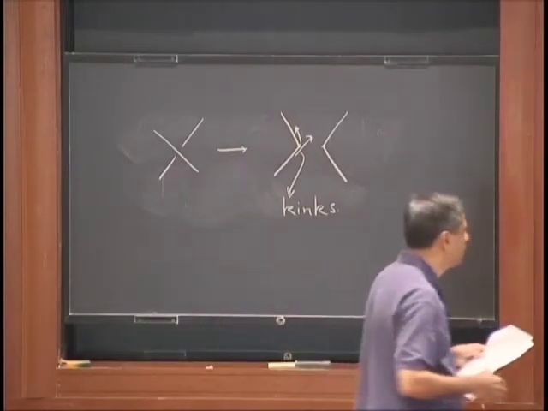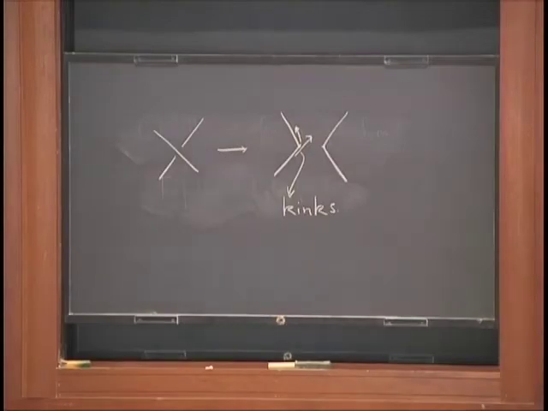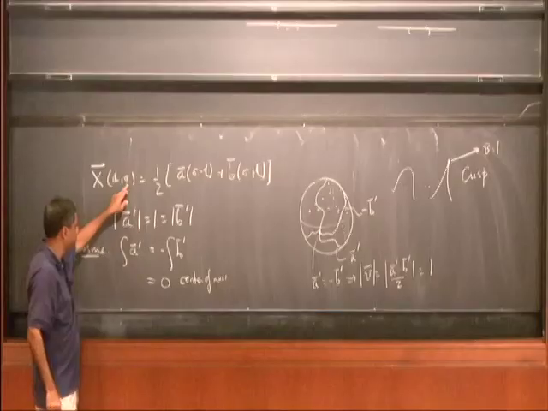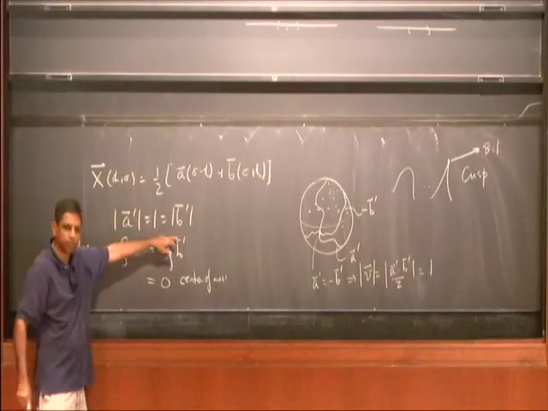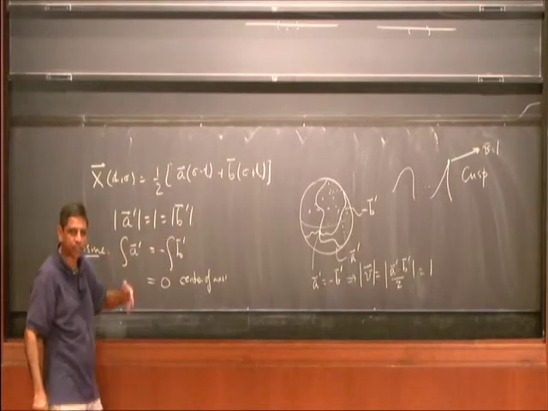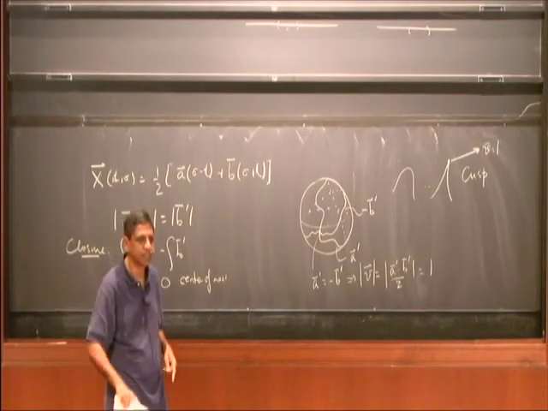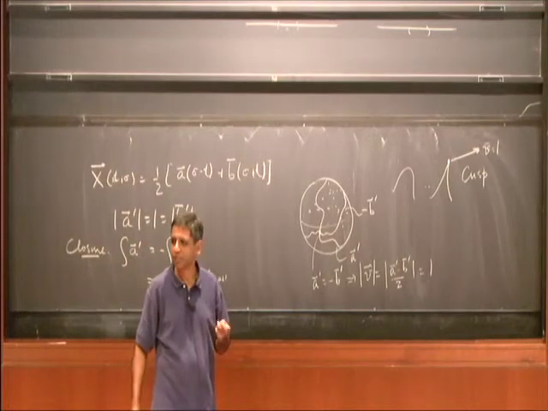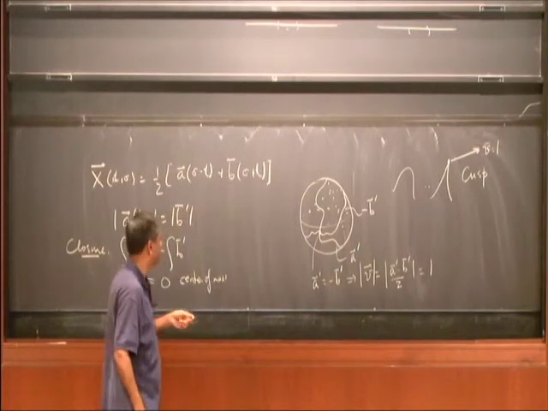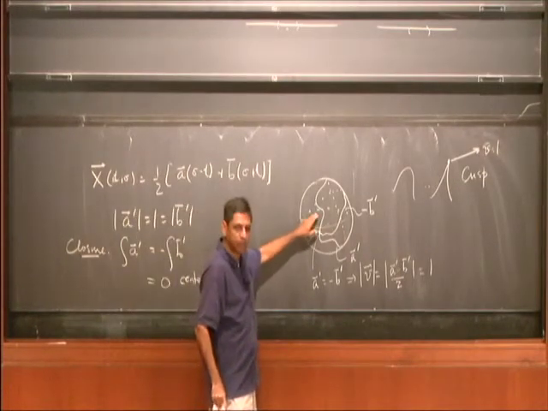Okay? But notice that the tangent, if you differentiate this with respect to sigma, will contain A prime and B prime. And so what you're saying is that these intercommutings actually introduce discontinuities in these paths. Okay?